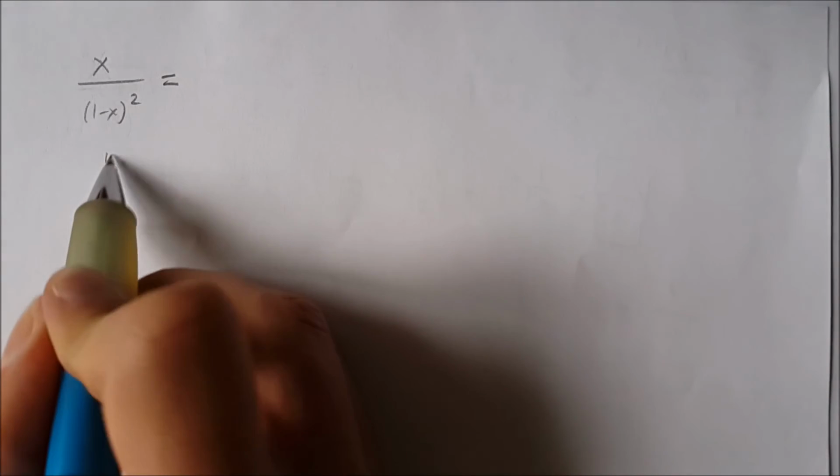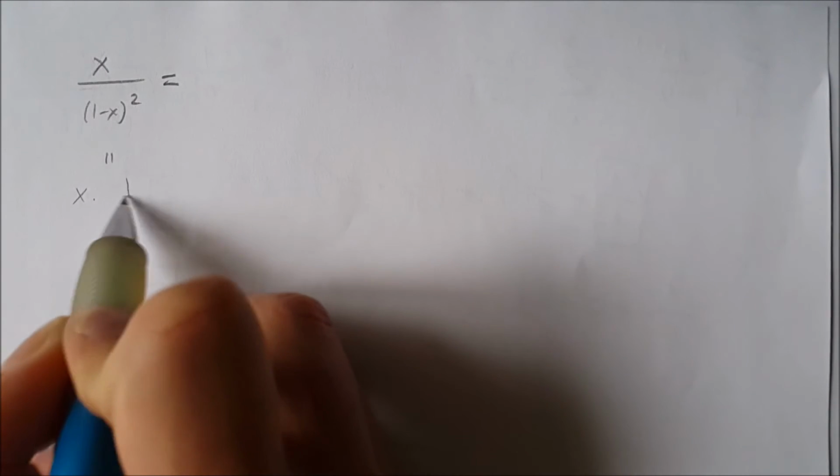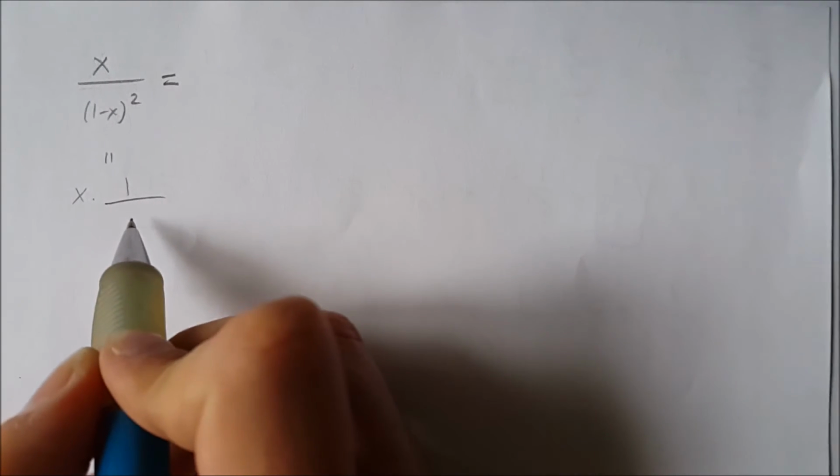The question is asking us for the Taylor approximation of x over 1 minus x squared. So in this case, our idea is that we can make anything geometric. So we are going to try to find what this is a derivative or an integral of a geometric function. If we look at it, this is equal to x times 1 over 1 minus x squared.